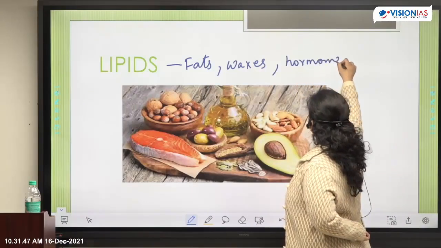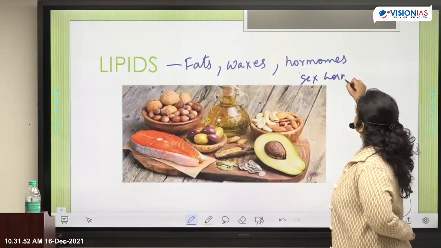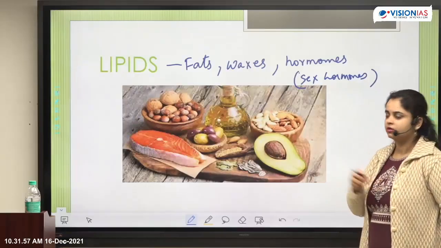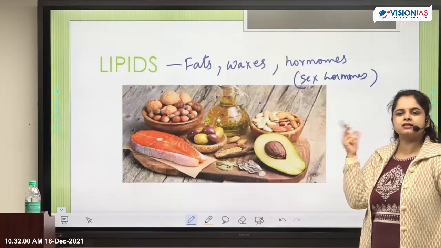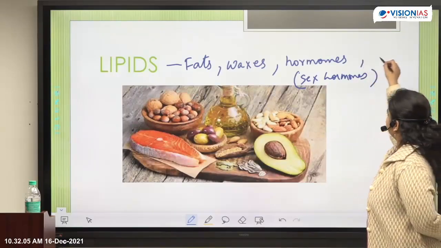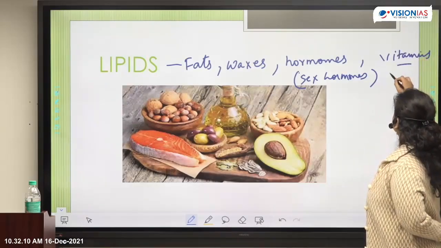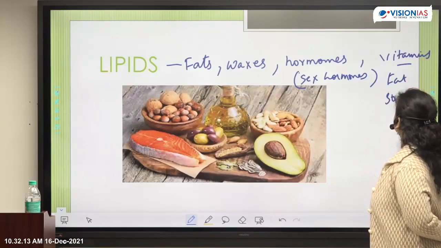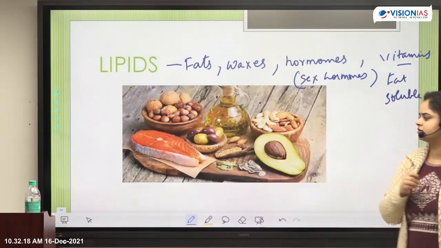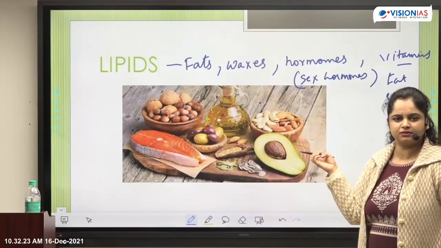Some hormones like your sex hormones are found in this group. All these things you can also understand as functions of fats. Then we have vitamins, some vitamins which are fat soluble. All these things fall in the category or are derived basically from lipids.